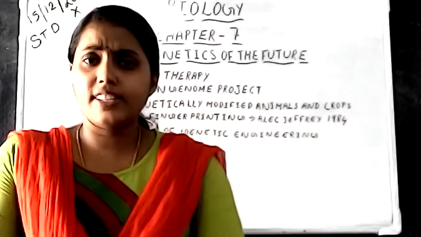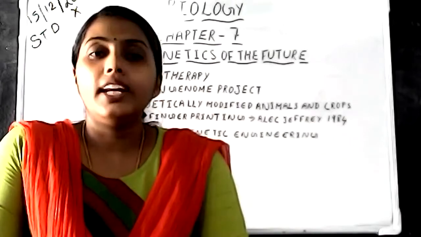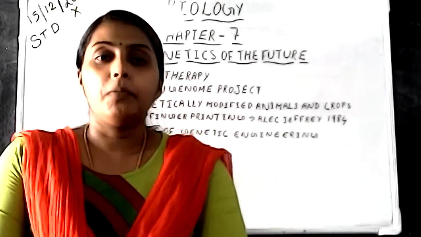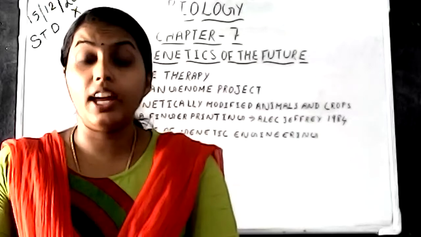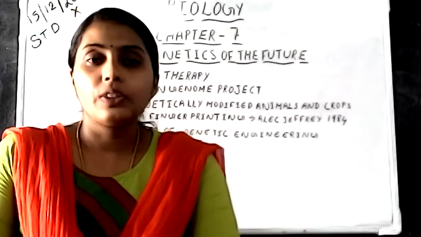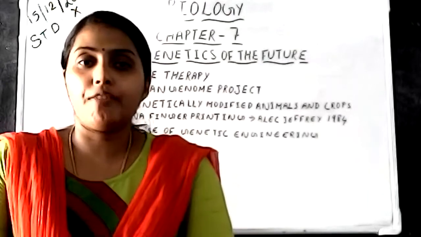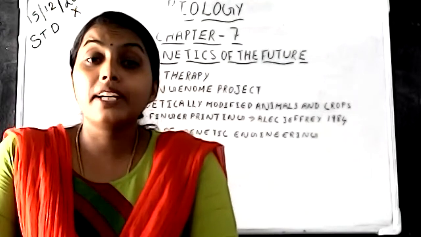And for such cases, what is done? DNA fingerprinting or DNA testing is done. We are able to know that the child will have close similarity with the DNA of his parents. So by that testing, we can find. Then another use is finding a suspected culprit.